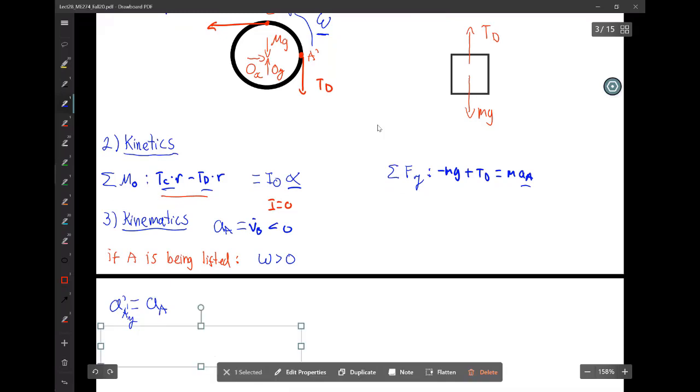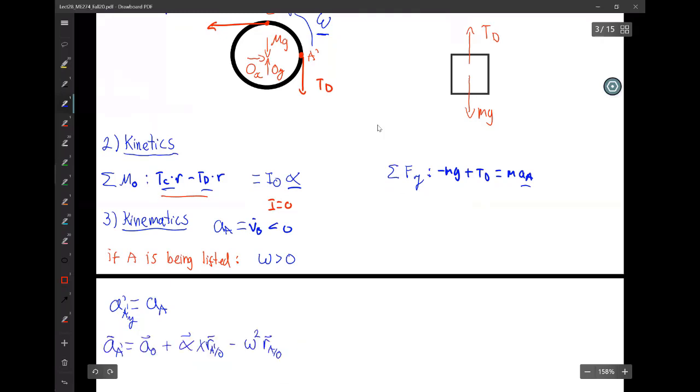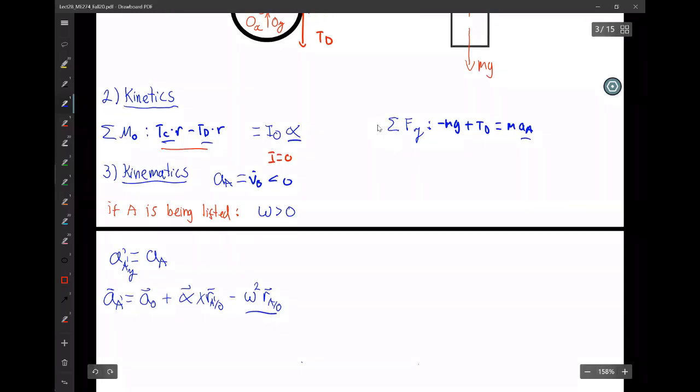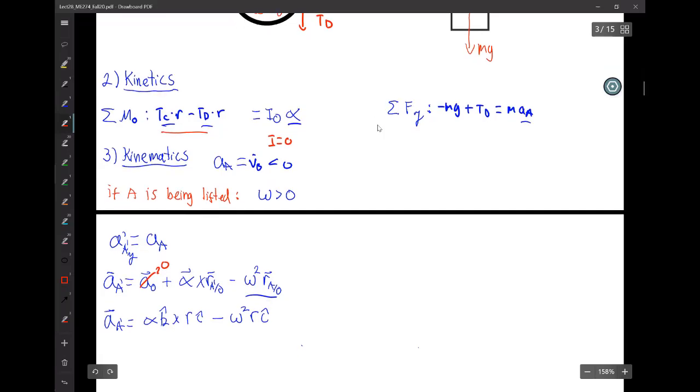And then we use chapter 2 kinematics. It's a planar problem, so we can do this. And the center is fixed. And then a little bit more of algebra. We take those cross products, we assume the angular velocity is positive and let the equations tell us if it's true or not.